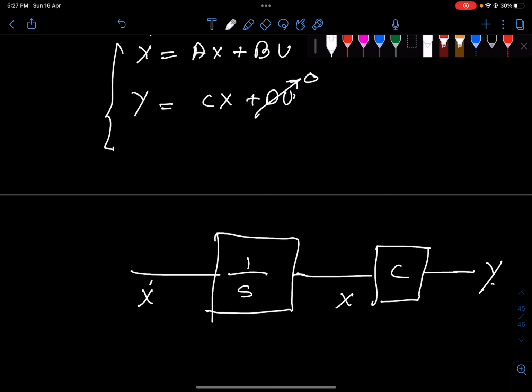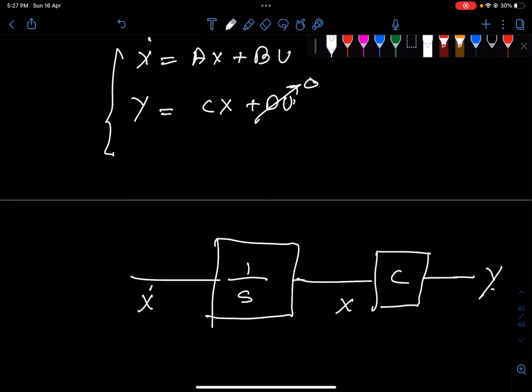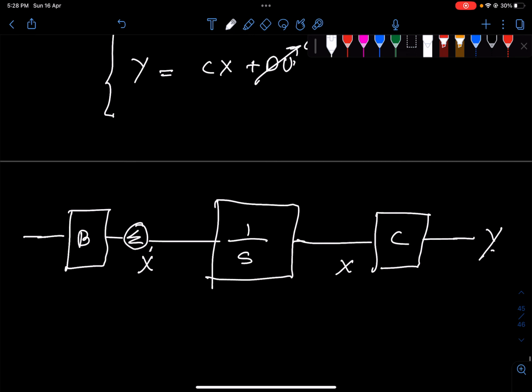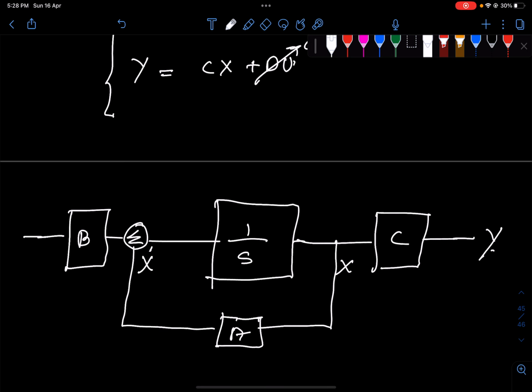This is our output, and to the input we are feeding u, multiplied by B, and before the integrator we have a summer. From x I take A and give it to that summer, which gives x dot.